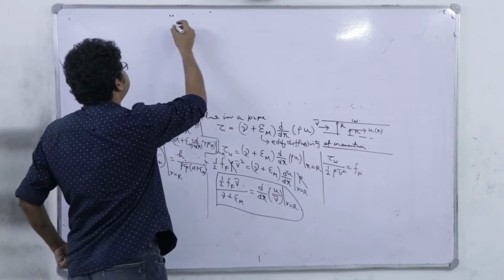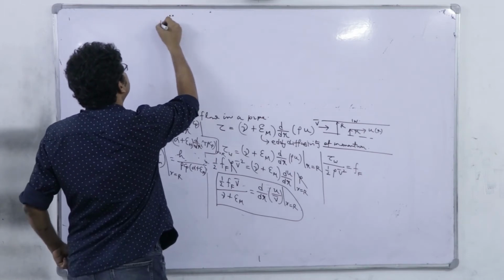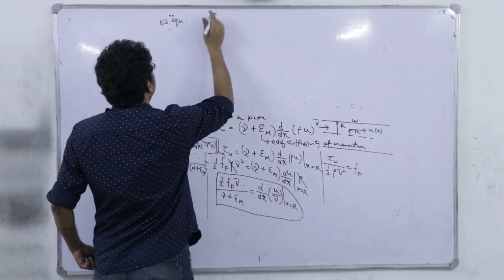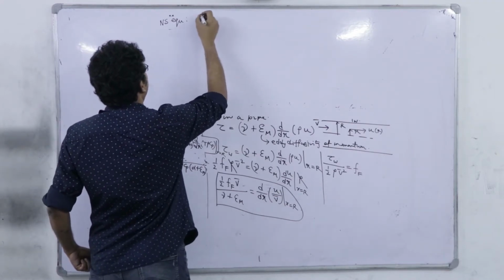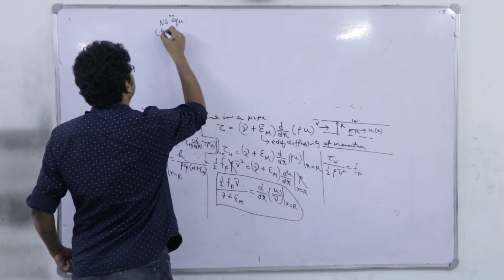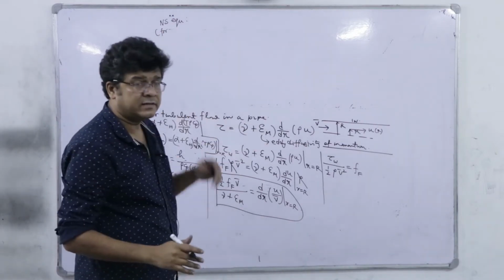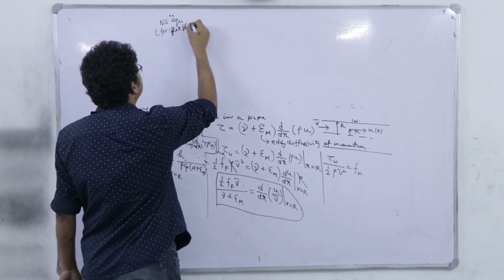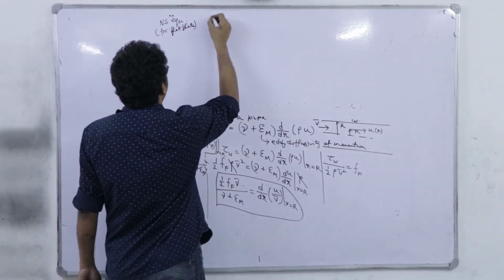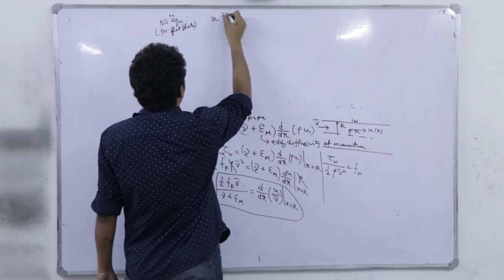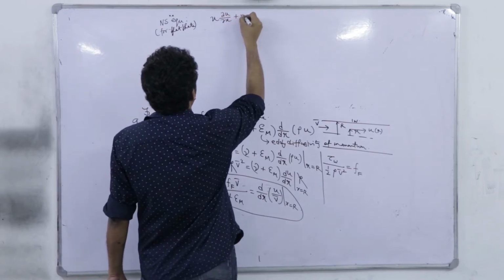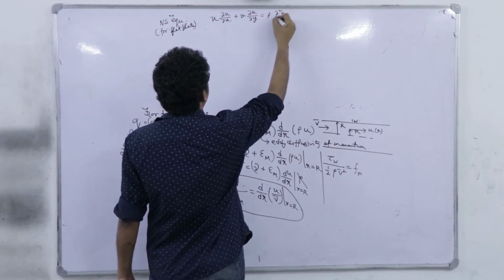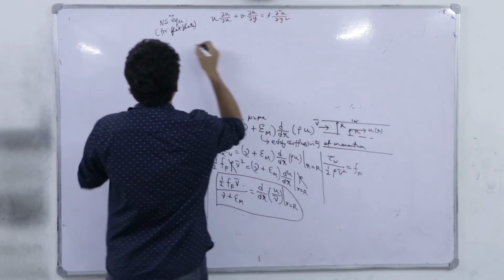You see that the Navier-Stokes equation, not for a pipe in general, for a flat plate basically, this is applicable for any system geometry. For a flat plate, we have U into del U del x plus V into del U del y equal to nu into del square U del y square.